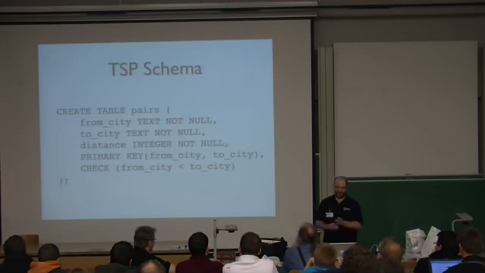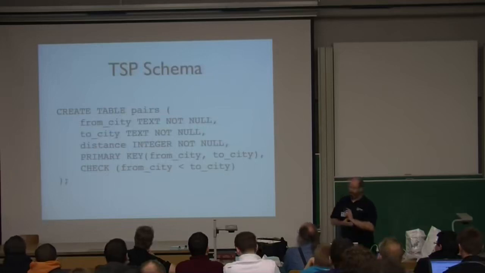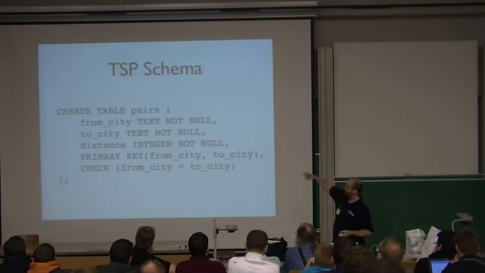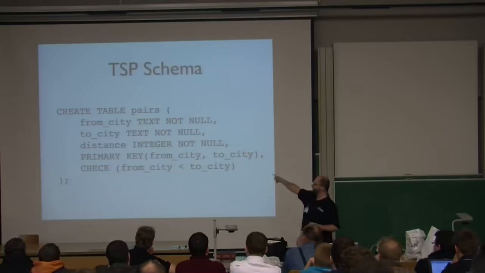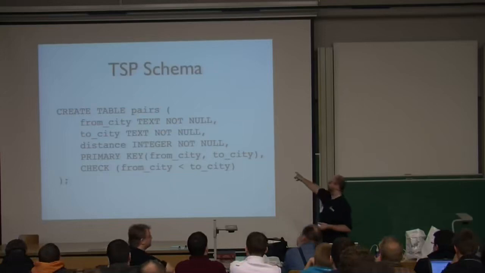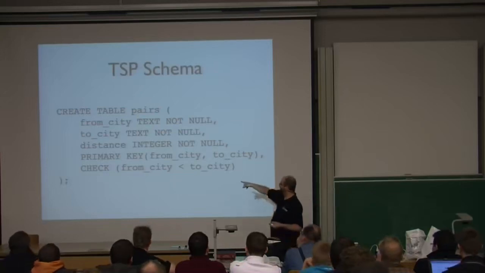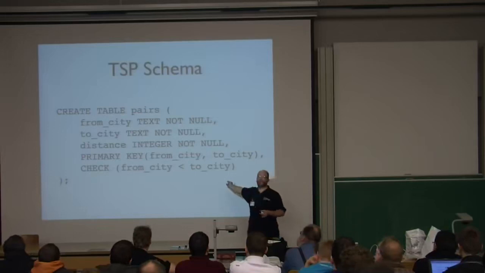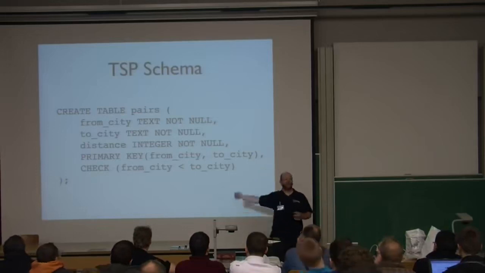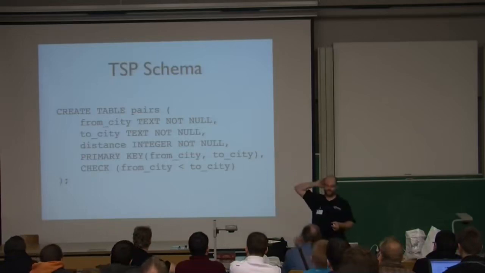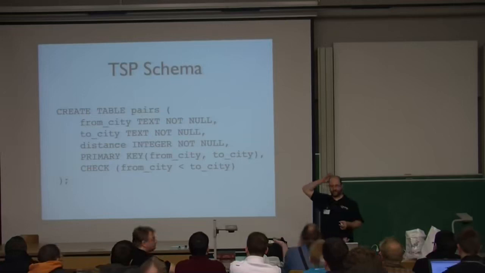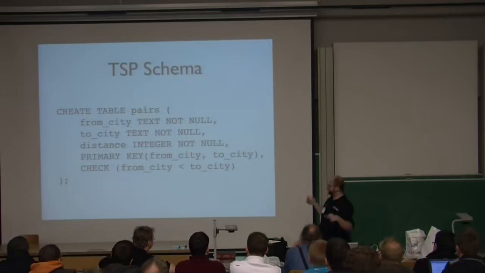I'll have a very simplified schema. It'll have a table called pairs. We've got a from city, a to city, and a distance in between. We're going to say that from city and to city defines uniqueness on this table. And then we're going to check from city less than to city. Why do we do that? Well, one answer was from the city to itself, but that's part of it.